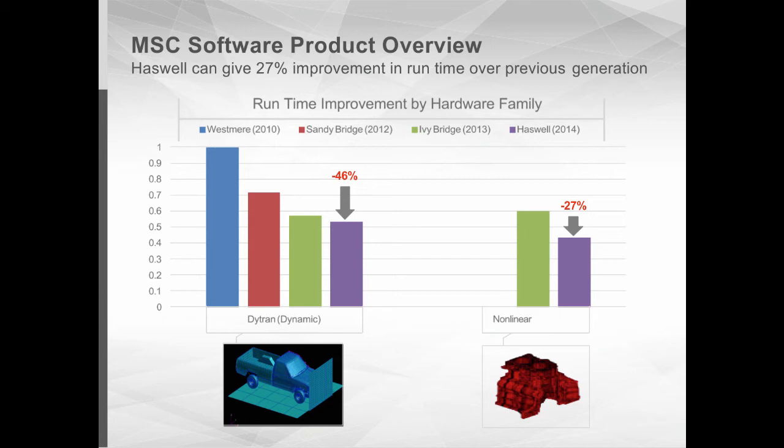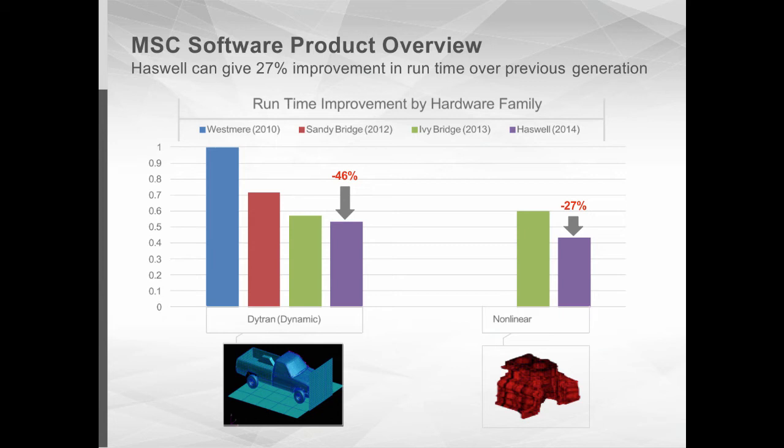Dytran is an explicit dynamics code for simulating short duration events, whereas the advanced nonlinear solver is an implicit dynamics code. Due to Dytran's explicit nature, it scales very well with increased core count and can thus take advantage of new architectures such as that going from Westmere to Haswell, which can provide a 46% performance improvement.